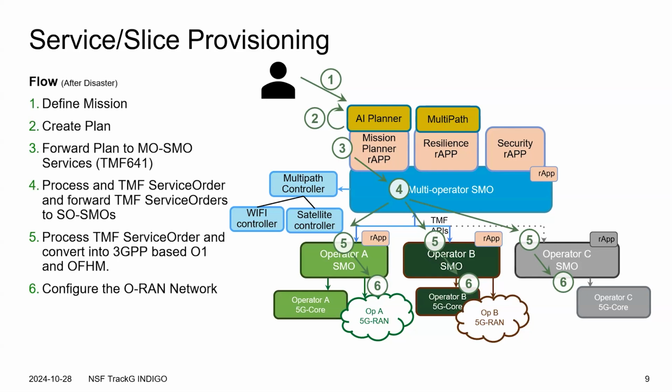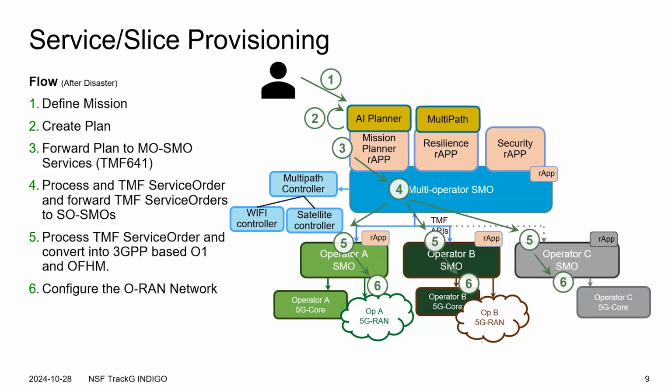So I'm explaining the 6 steps here. We are in step number 4. We are processing the service order on the multi-operator SMO and forwarding it to the different single operator SMOs. The single operator SMOs then check their availability and convert that data into requests for RUs and DUs mainly.